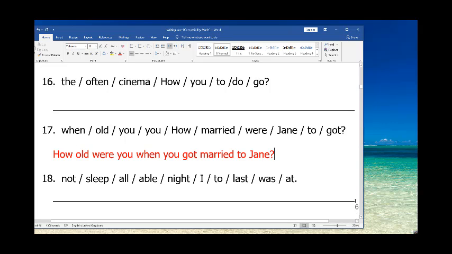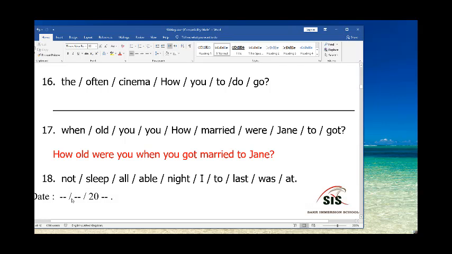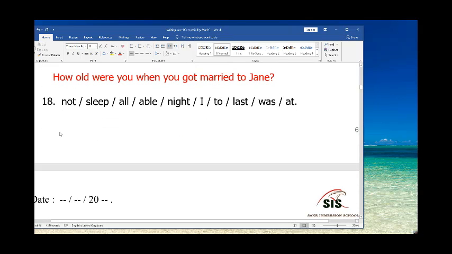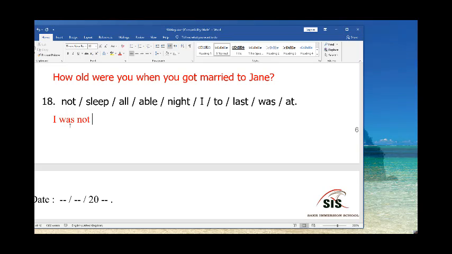The last one is 18. Okay, and I will leave the rest for you to answer. So, number 18, you have not, sleep, all, able, night, I, to, last, was, at. Of course, I'm going to start with the subject. So, I what? After I should put the verb. So, I, yes, was, not, wasn't what?